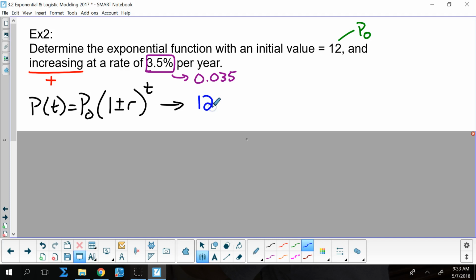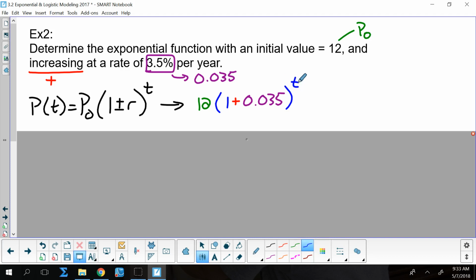That becomes 12 times 1 plus 0.035 to the t power.